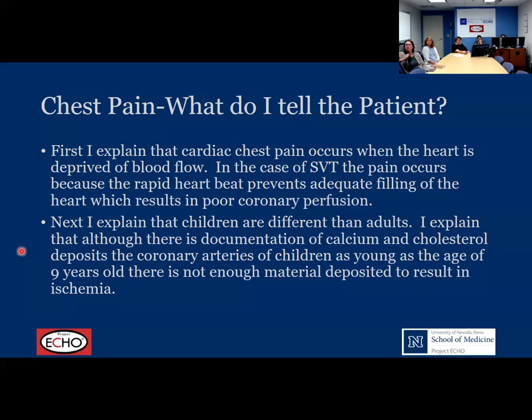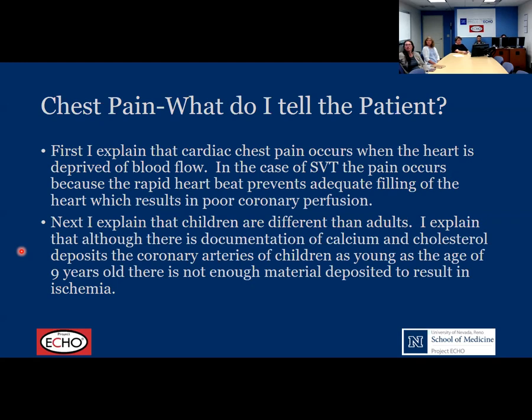So as I explained a little bit earlier, I try to make sure the family understands why it's not cardiac. I point out that acquired coronary artery disease usually occurs in much, much older people, and under the age of about 25, it doesn't occur unless they have a known homozygous hypercholesterolemia, and those patients know that they have it way before.